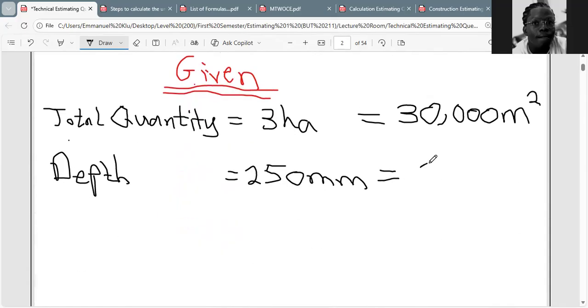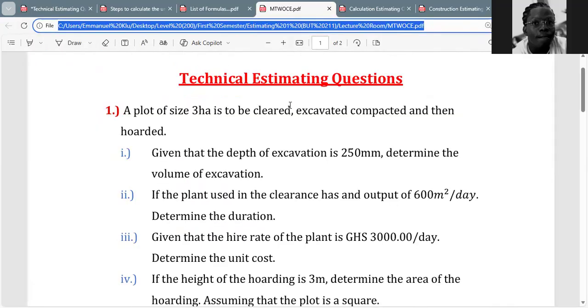So this here is also now going to become 0.25. So from here, we can now go back to our question.